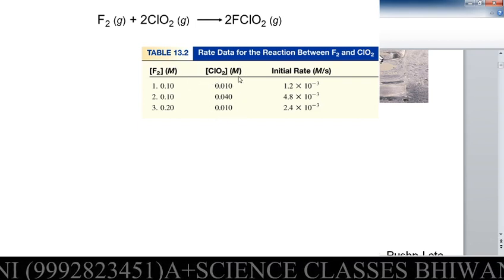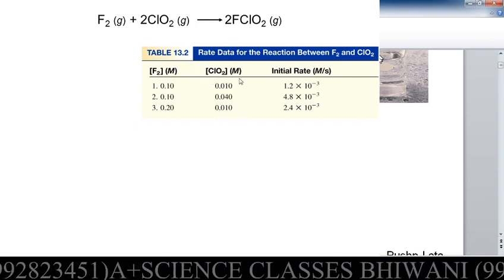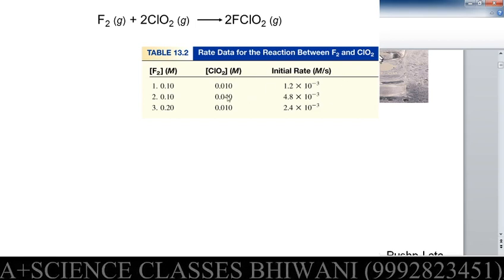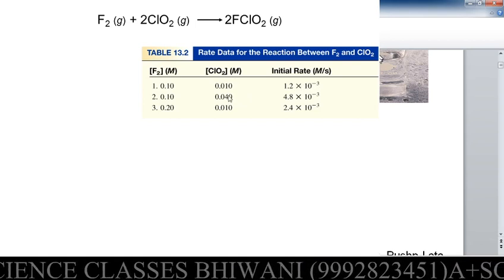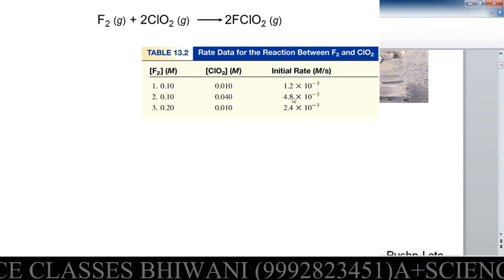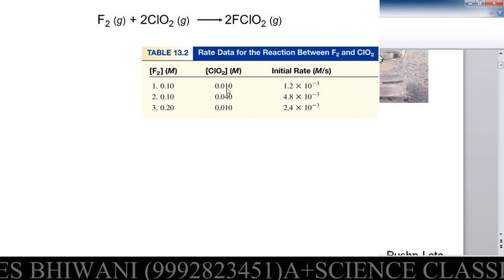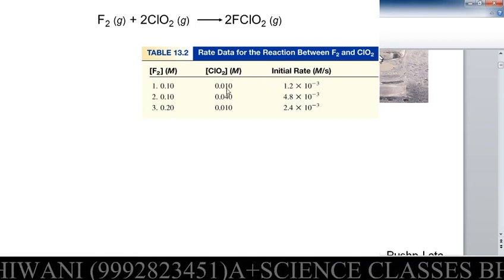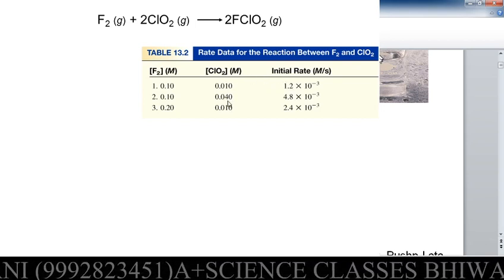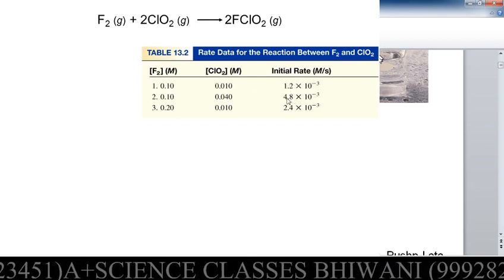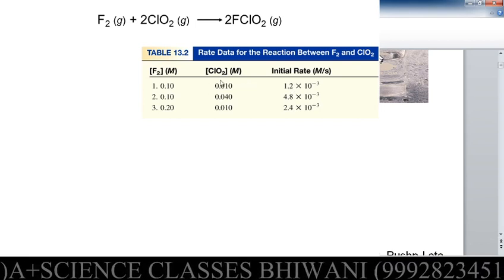If the concentration of chlorate decreases, the rate of reaction definitely decreases. And if the concentration of chlorate increases, the rate of reaction increases in the same proportion. Concentration increases 4 times, rate of reaction also increases 4 times. So this one is about the chlorate.